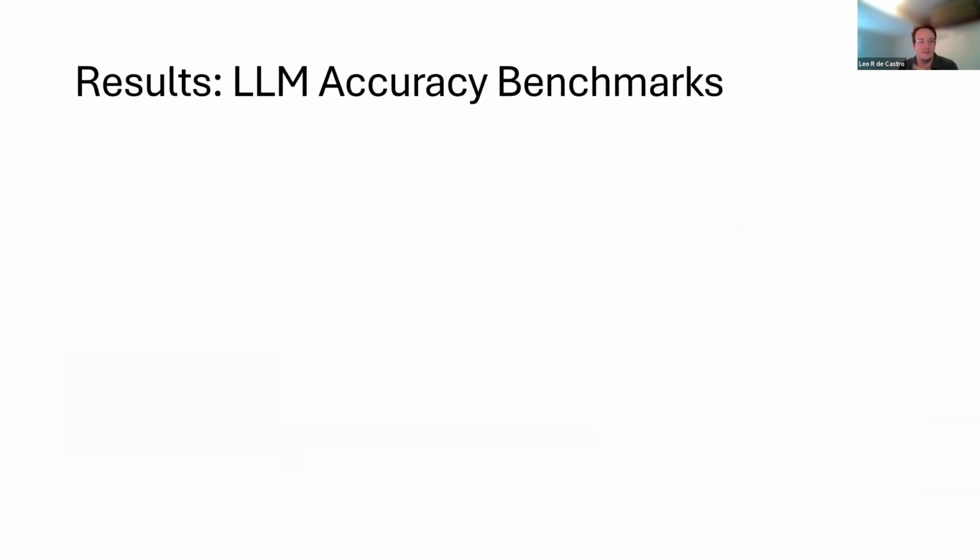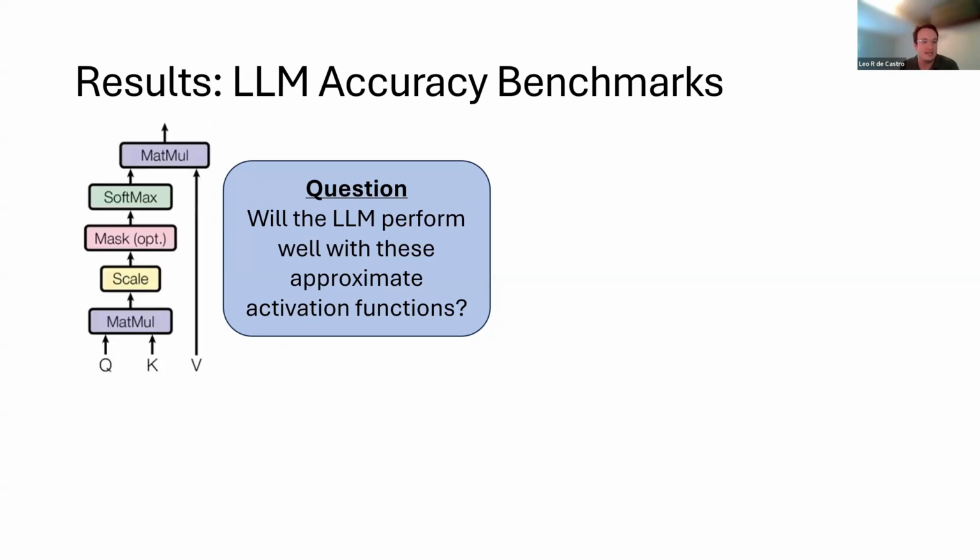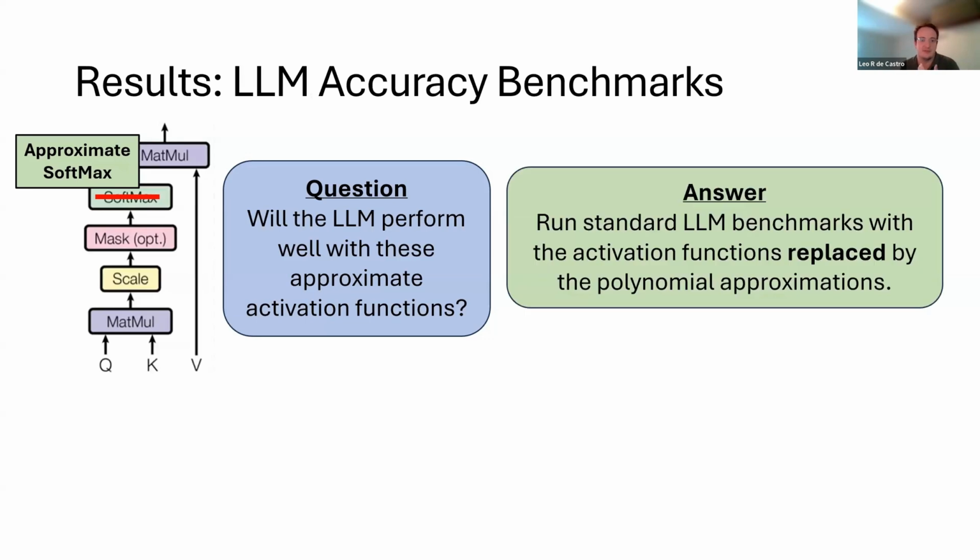Okay, so the question though is that because we're not actually running the exact LLM circuit, how does the LLM performance hold up when we swap some of these functions out for these approximate versions of the activation functions?